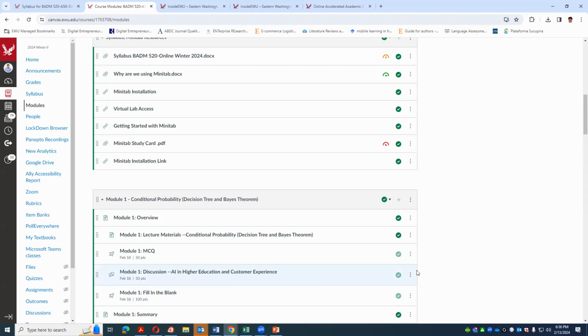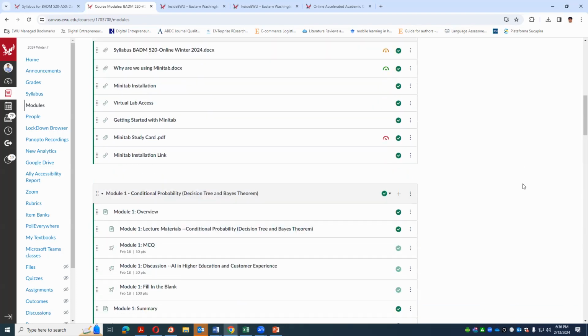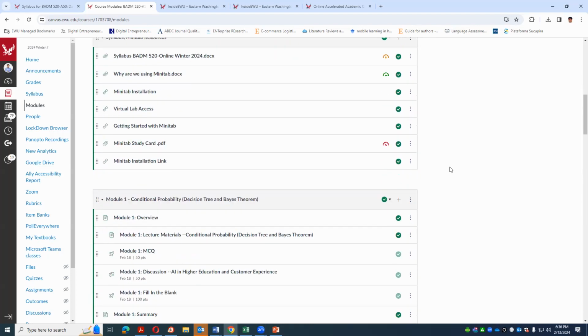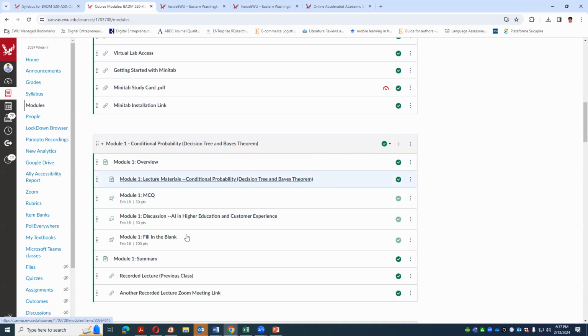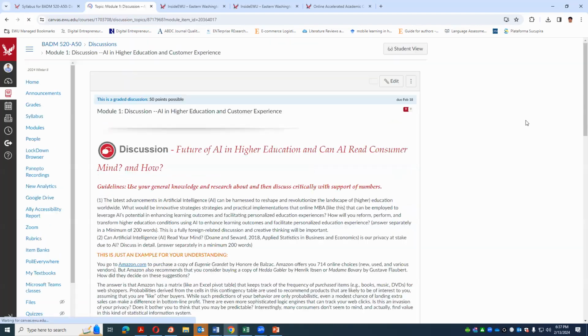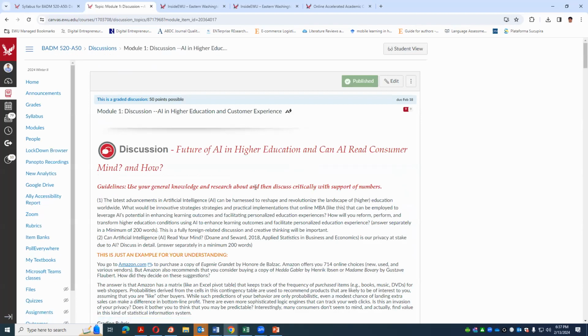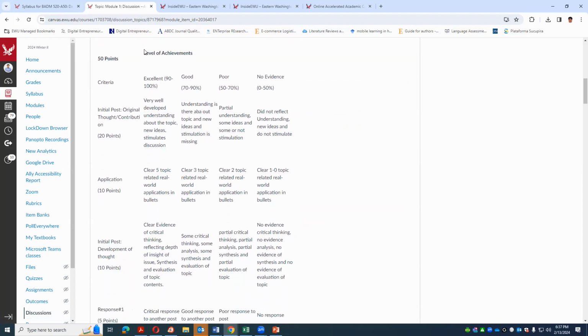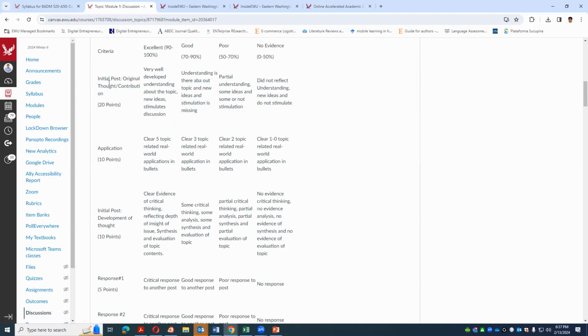In the grading syllabus of the discussion, it says underneath the application portion, in order to get the full 10 points, it says clear 5 topic real world applications in bullets. Maybe I'm misunderstanding that request. So basically, you just leave this, you don't need to worry about it much.